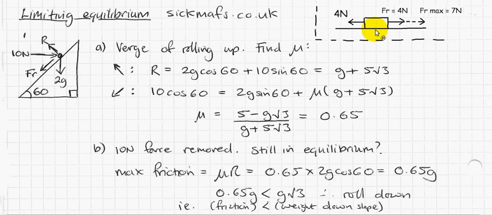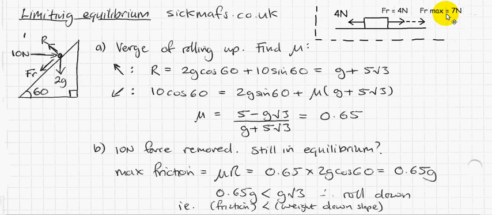Anyway, this block has no frictional force when you're not trying to move it at all. But when you apply 4 newtons of force to move it, and the maximum frictional force you can get from this rough surface on the block is 7 newtons, what you get is actually 4 newtons of frictional force, not 7 newtons.